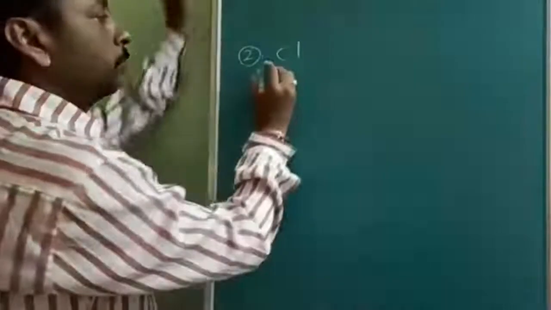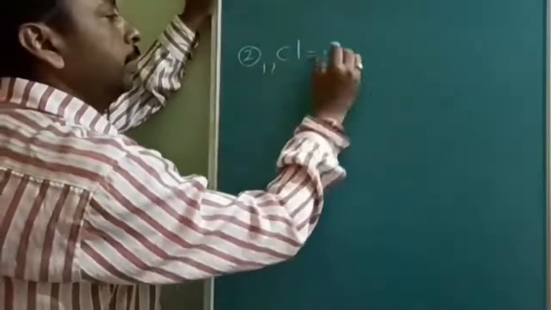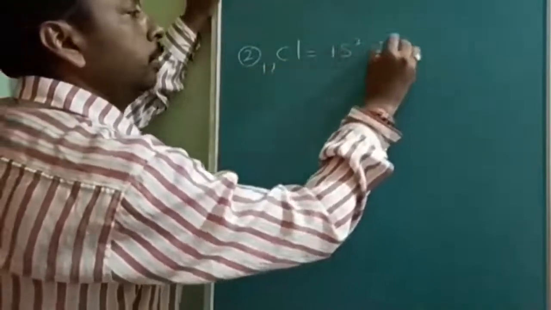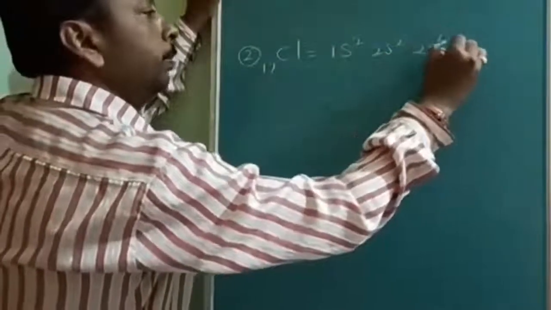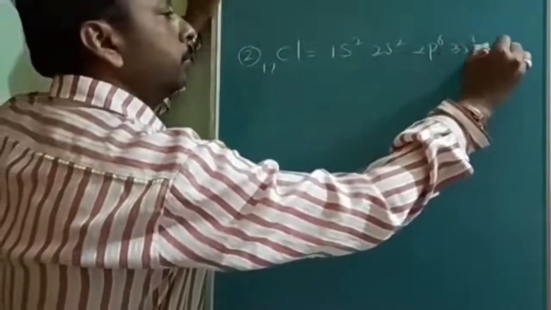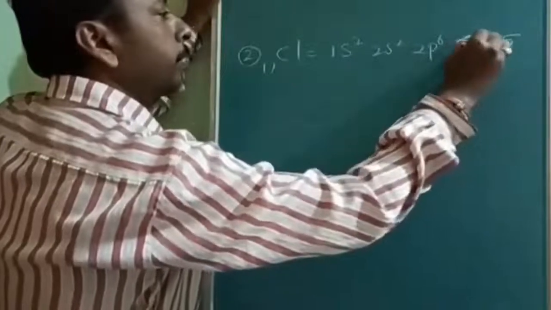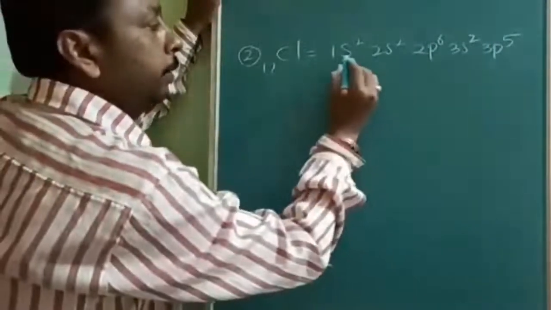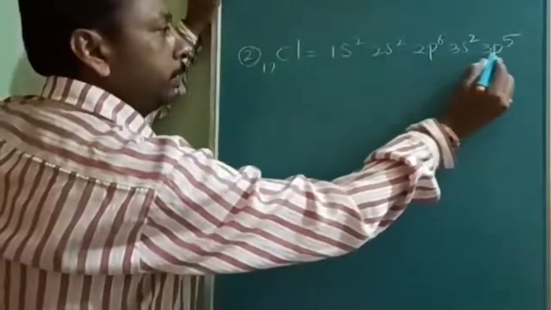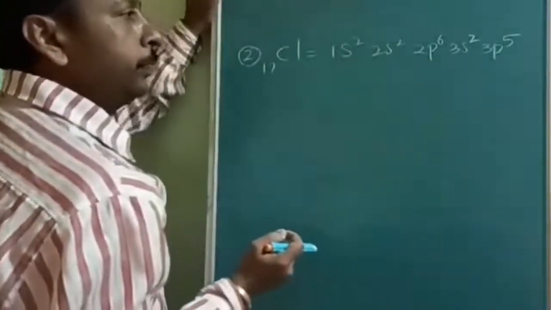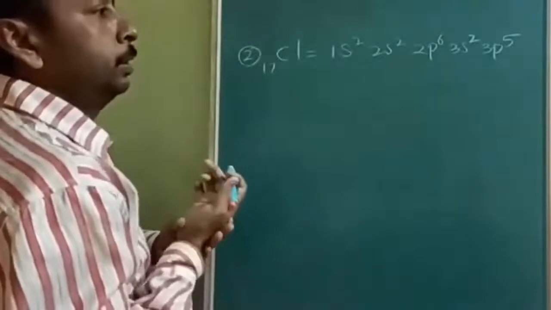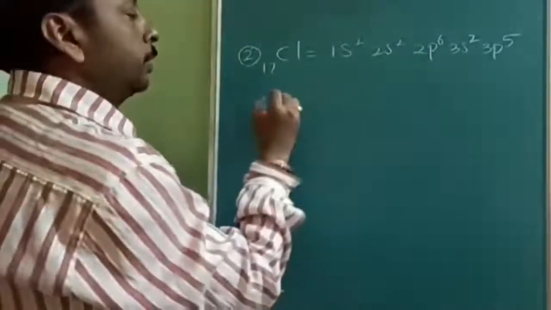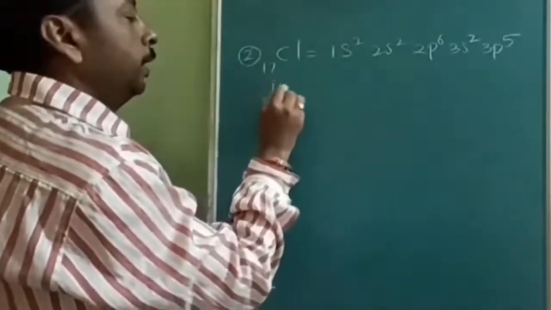Okay. So chlorine, being atomic number 17, has electronic configuration 1s2, 2s2, 2p6, 3s2 and 3p5. Now, first what should we find out? Period number.